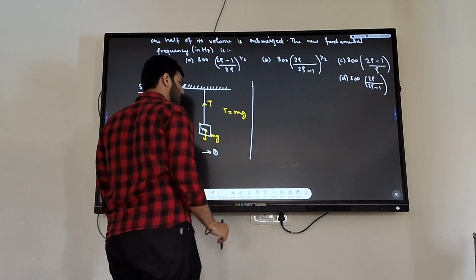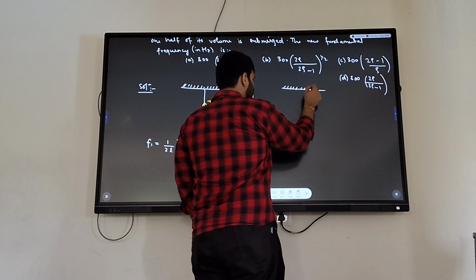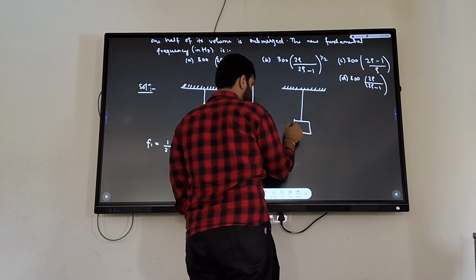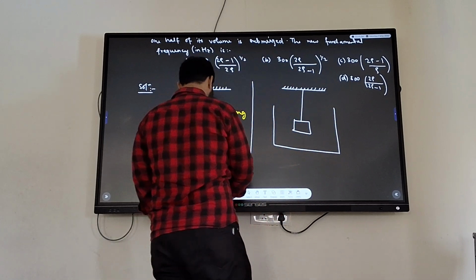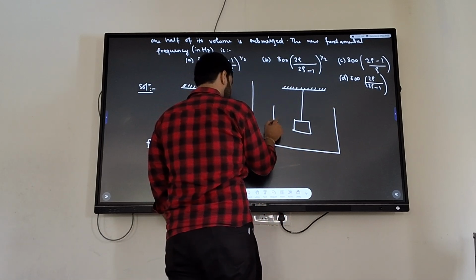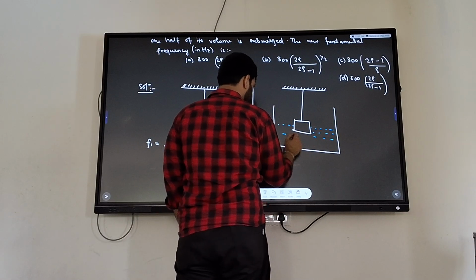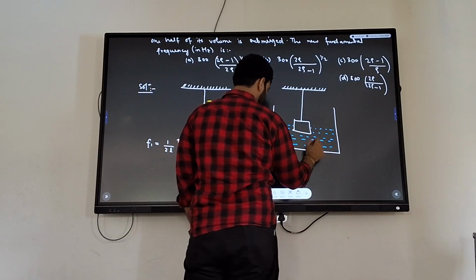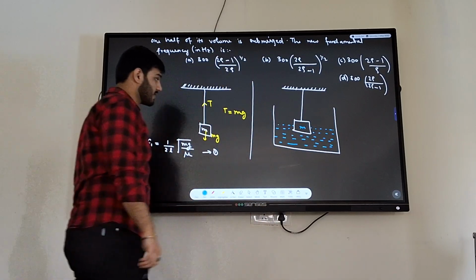And then look at the other situation. You have again the mass hanging from some ceiling, but now this mass is also immersed in a container which has water inside it. Half of the volume is inside it. Now tell me, what are the forces acting?